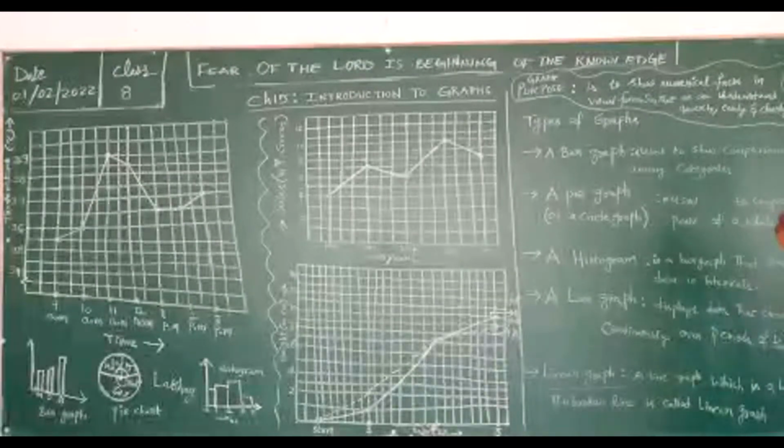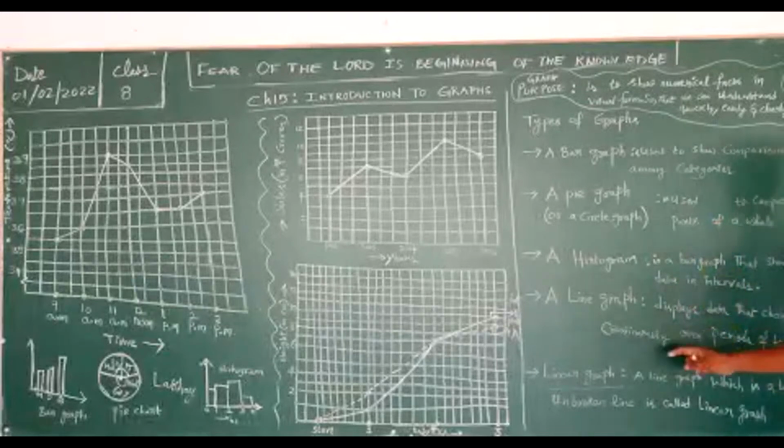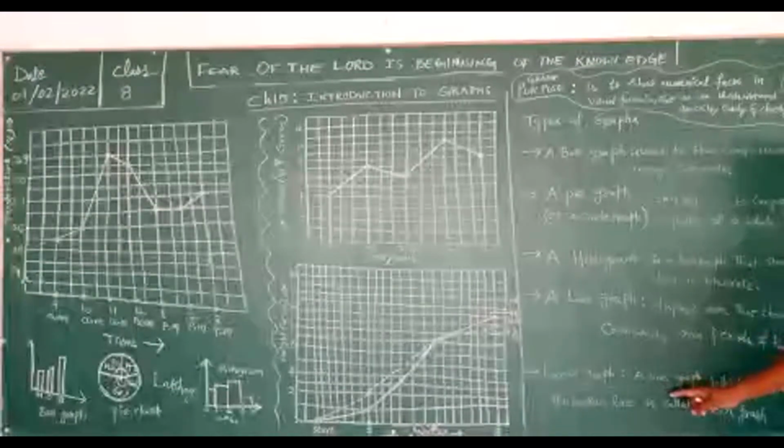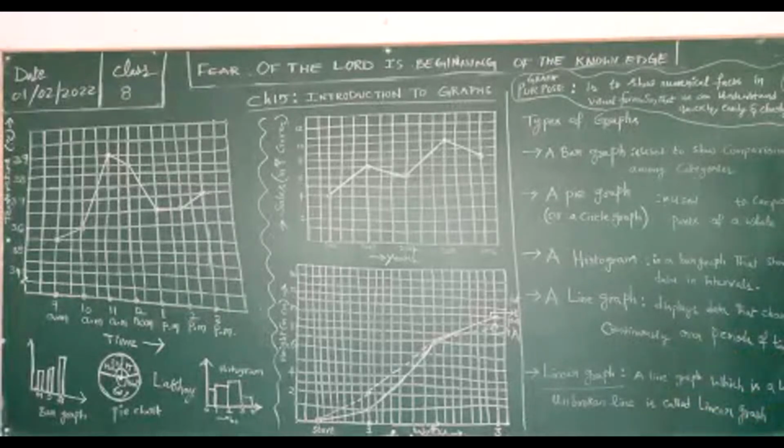The line cannot be broken, then that is called a linear graph.